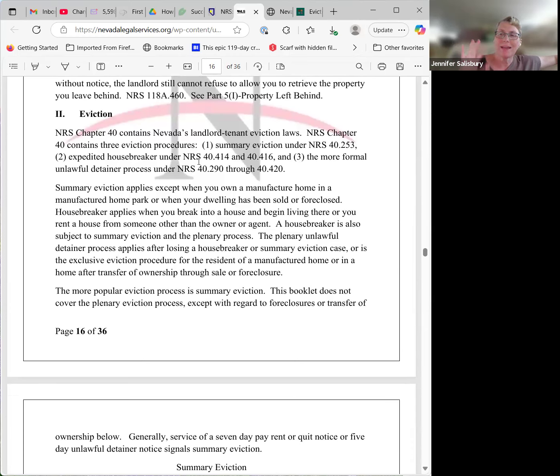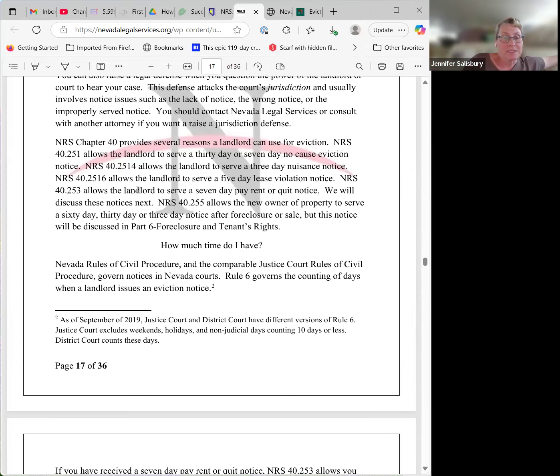So all these dates, if you're a landlord in Nevada, you need to make sure you understand the dates of all of this. They're going to discuss the notices next. How much time do I have? 6 days. Okay, so this talks about the counting of the days because clearly days are really important in Nevada.